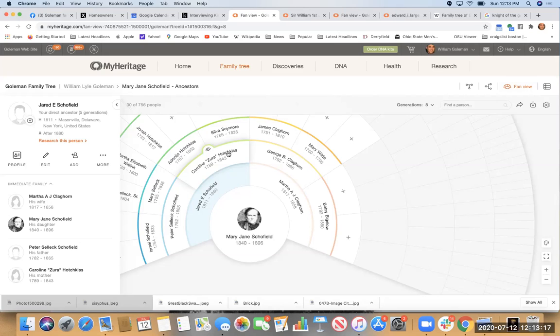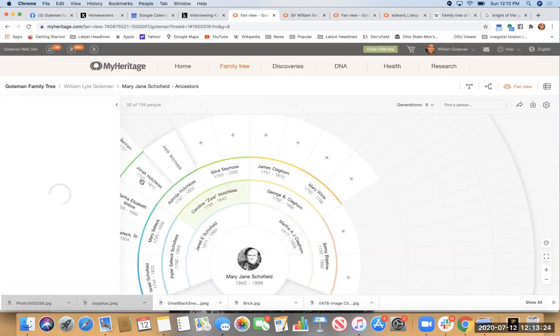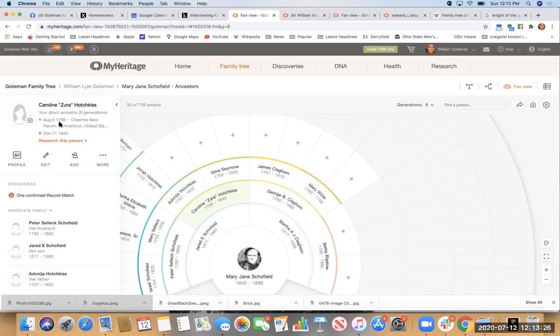You can see Jared was from Delaware. And when I went through the Hotchkiss family, they were from Connecticut and had been in Connecticut for a very long time, it looks like.